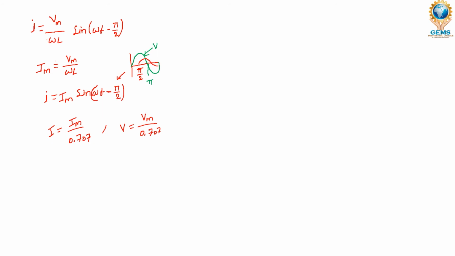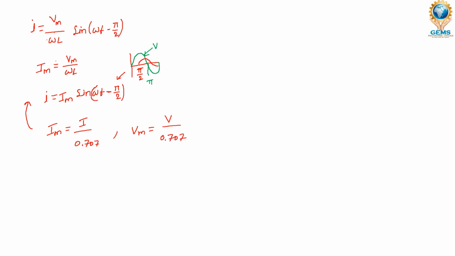If I substitute these two here, sorry, it's wrong: Im equals I by 0.707, V maximum equals Vm by 0.707.